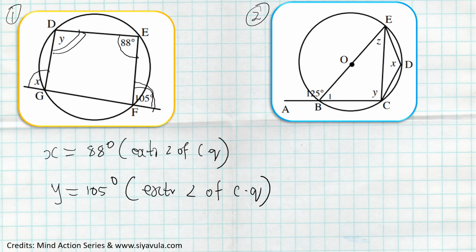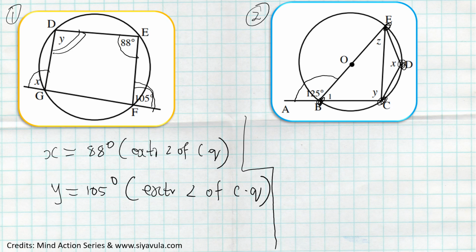Okay, let's move to diagram number 2. They also want you to solve for x and y and also for z. Take a look at this. This is also a cyclic quadrilateral. EDCB is a cyclic quadrilateral, and we can see that there's an exterior angle in that cyclic quad.